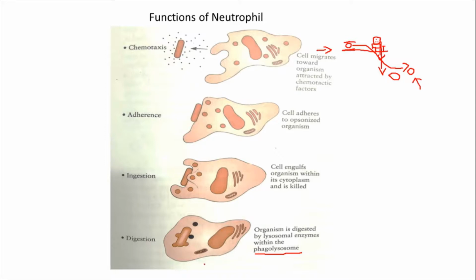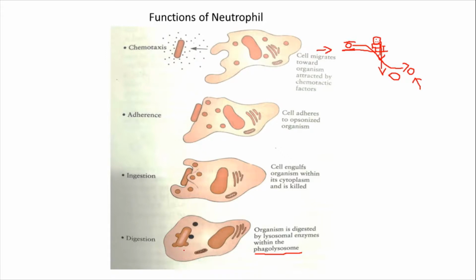Moreover, neutrophils contain a variety of granules: primary, secondary, or tertiary granules. The primary granules contain lysozyme, phosphatase, collagenase, and some other enzymes. These enzymes are needed for hydrolysis to digest the bacterial antigen.